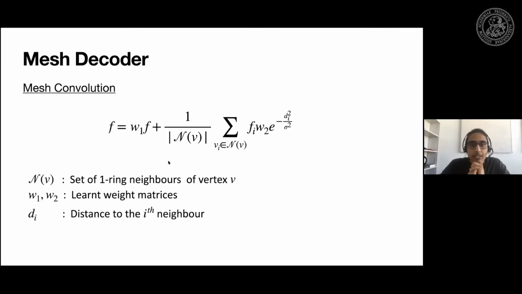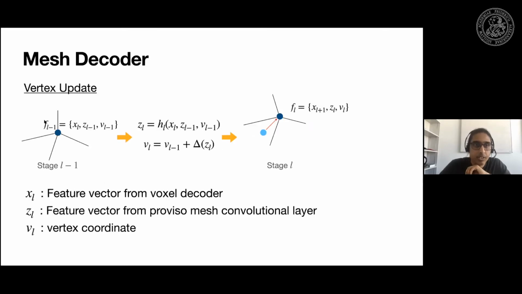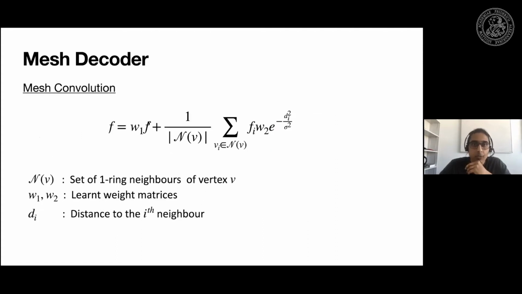The idea is that we have this general feature vector F associated with the vertex, and a weight vector associated with F. Also, this is the set of neighbors for a given vertex. Each vertex will have a set of neighbors around it.